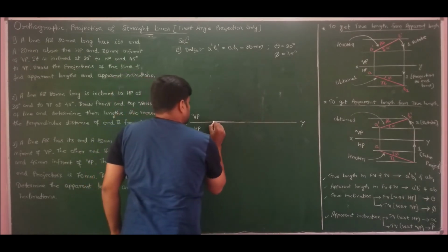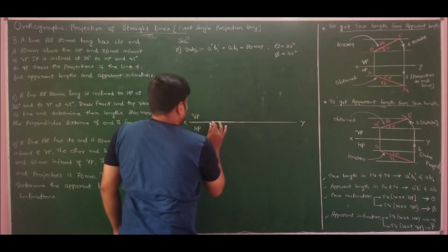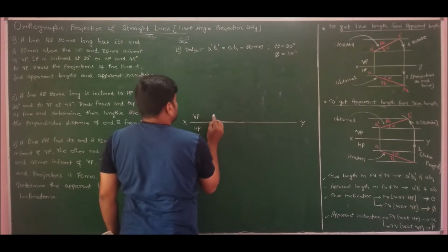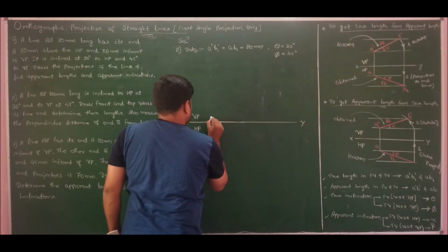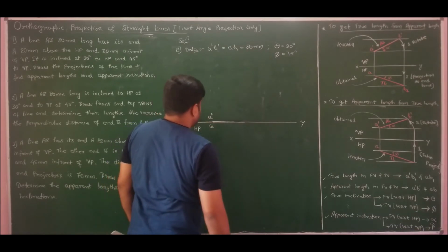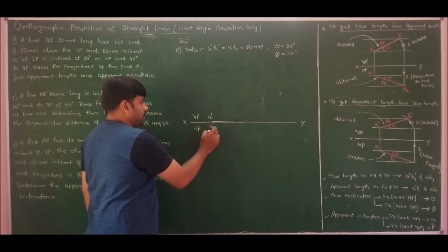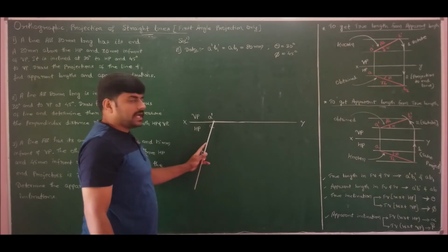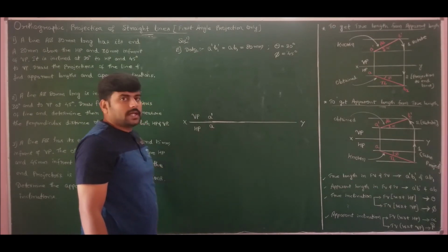Now let us fix the point, or fix the end. You should not draw any points, fix the end. So on VP we call it A dash, and on HP we call the same point the end A. We call the same point A dash in VP, A in HP.